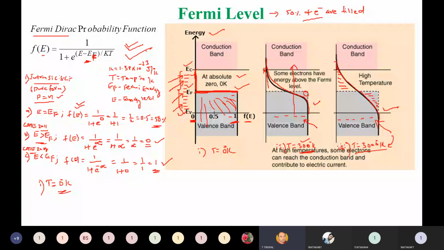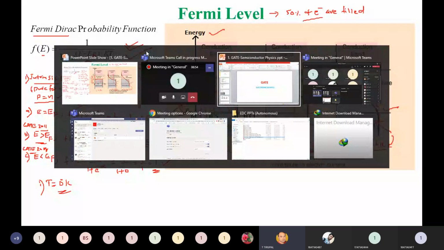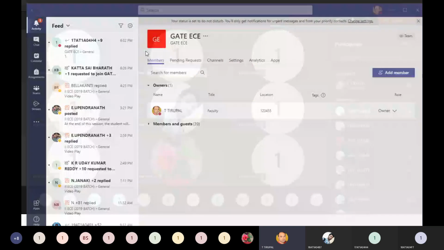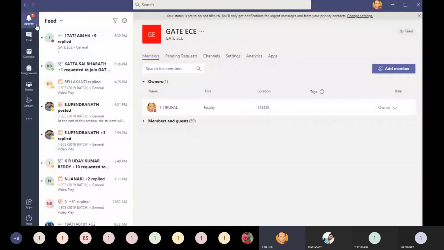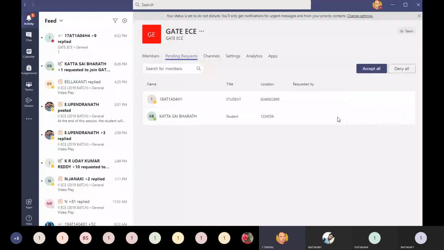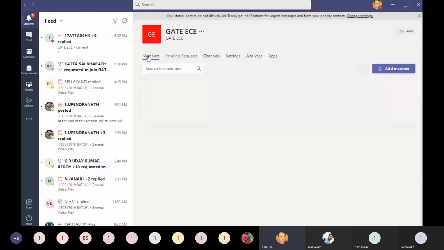The Fermi level is an energy level where 50% of electrons are filled. That you need to remember here. Got it? Right.